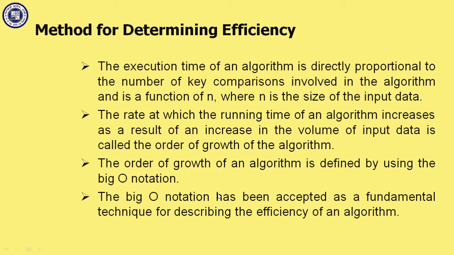Hence, the order of growth of an algorithm is defined by using the big O notation. It is also sometimes known as big O, or big O notation. And this big O notation has been accepted as a fundamental technique for describing the efficiency of an algorithm.